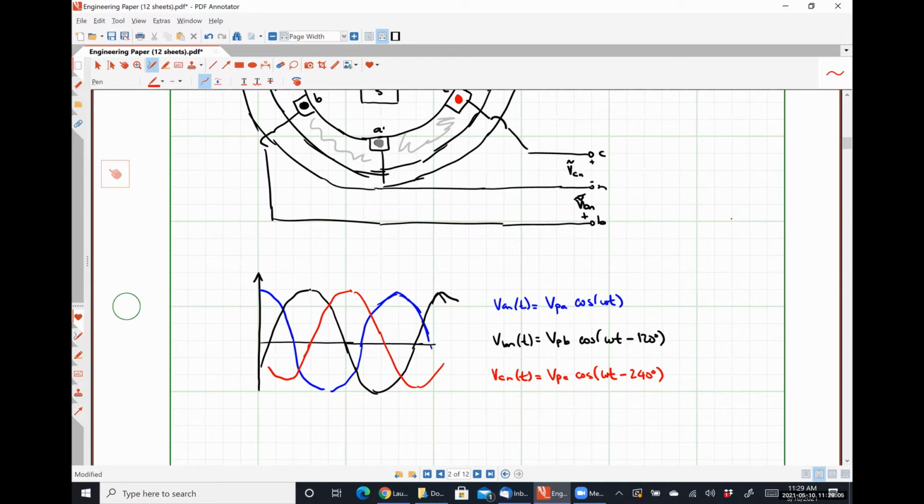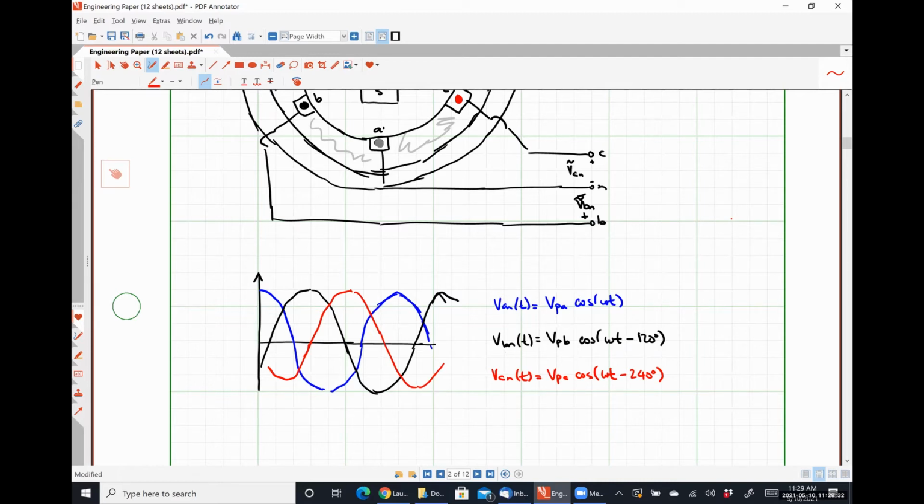They all have the same magnitude because they're built by robots to have the exact same number of turns in the coil, okay? So that means they're all going to experience the exact same amount of flux and experience Faraday's law of electromagnetic induction in the exact same way to generate the exact same voltage magnitude, but they're just going to be out of phase by exactly 120 degrees, okay?